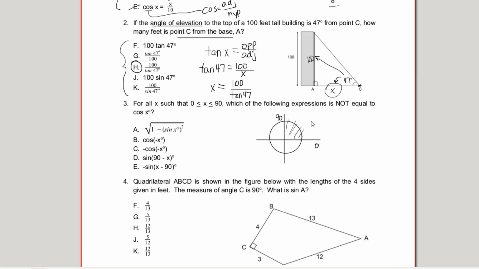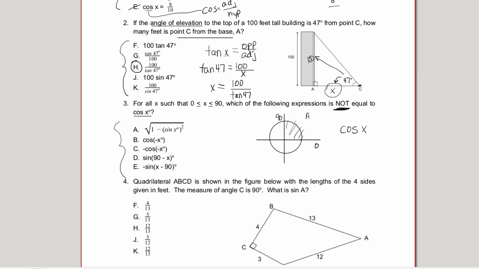Okay, so we want to know which of the following expressions is not equal to cosine x. We've got to evaluate each one of these to see what we're talking about here. But let's just make something known. When we're finding any kind of cosine x, remember, what is the sign of cosine x in the first quadrant?